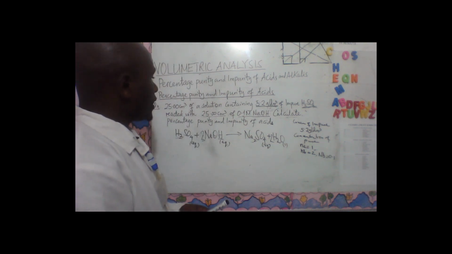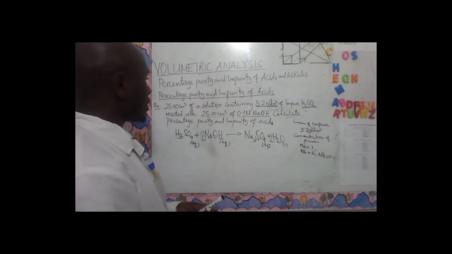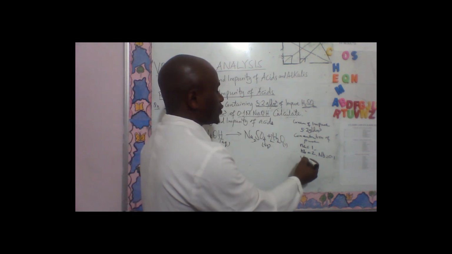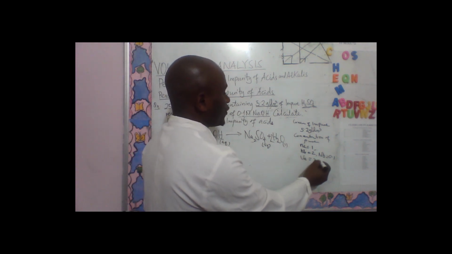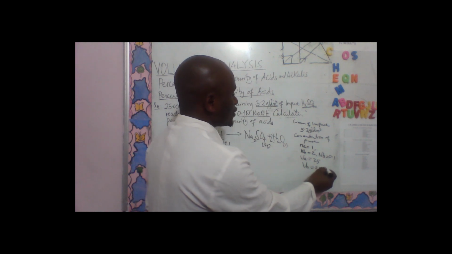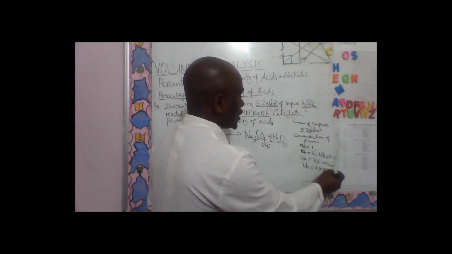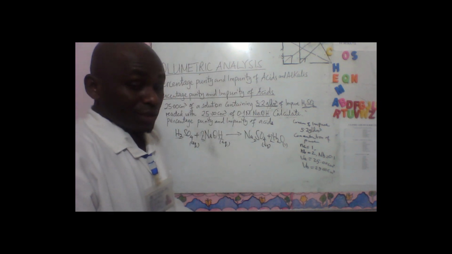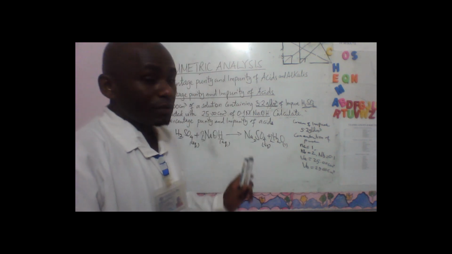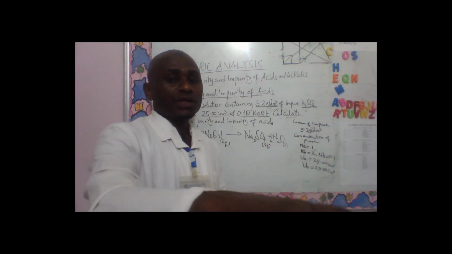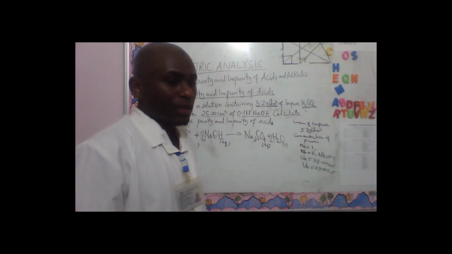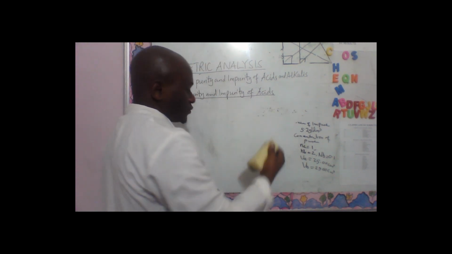So let us see another key concept we require. The volume of acid is equal to 25, and the volume of base is equal to 5.00 centimeter cube. This is very important for our calculation.